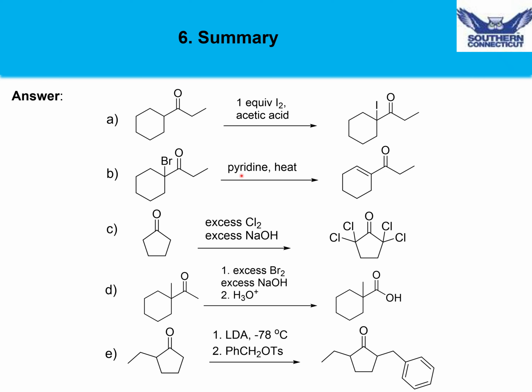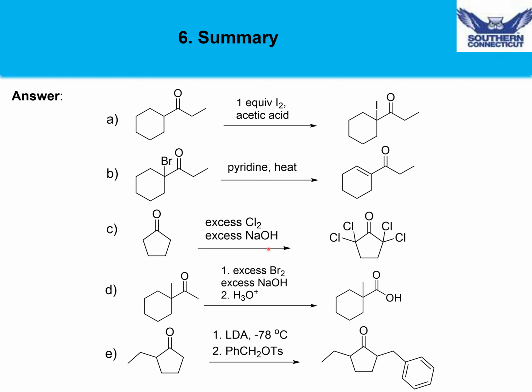When we add pyridine, which is a base, and heat an alpha halogenated ketone, we would do an elimination reaction. So we should get a double bond by removing the halogen and a hydrogen on the beta carbon. So in this example, we could remove a hydrogen from this carbon or this carbon. Either way, we're going to get the same product since it's going to be a symmetrical product.